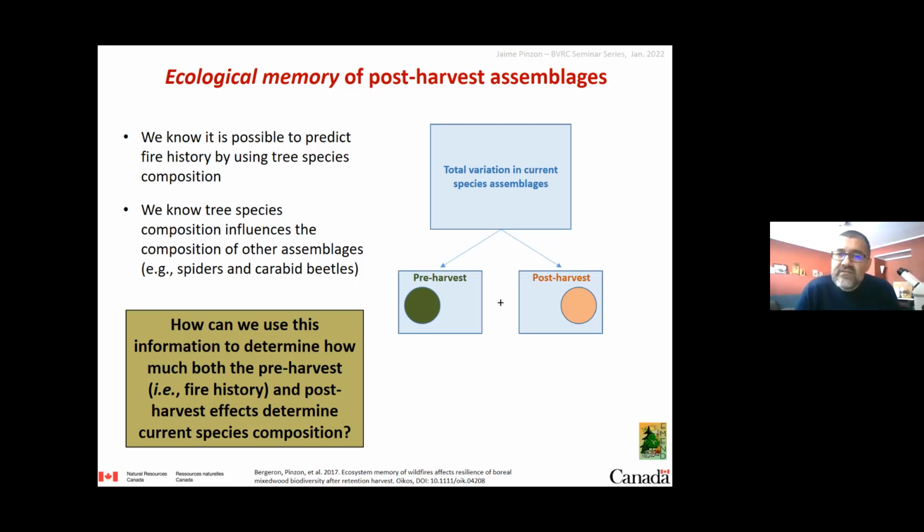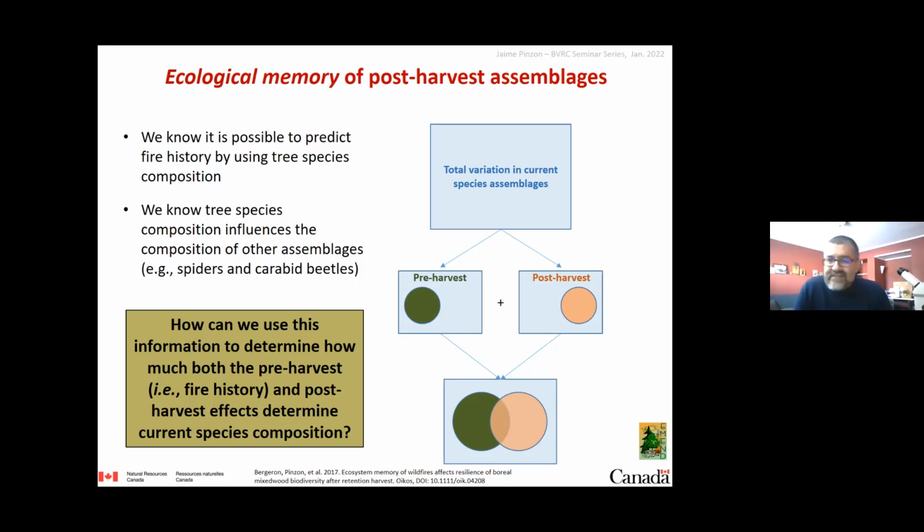Part of that variation is going to be explained by the fire history, and some of it is going to be explained by the effects imposed by harvest. If we add these together, we have an explanation of variation by these two sources of disturbance, which we expect to have some degree of interaction, because we are looking at a continuum of time. Therefore, whatever the harvest did on that landscape would influence whatever fire did on that same landscape.